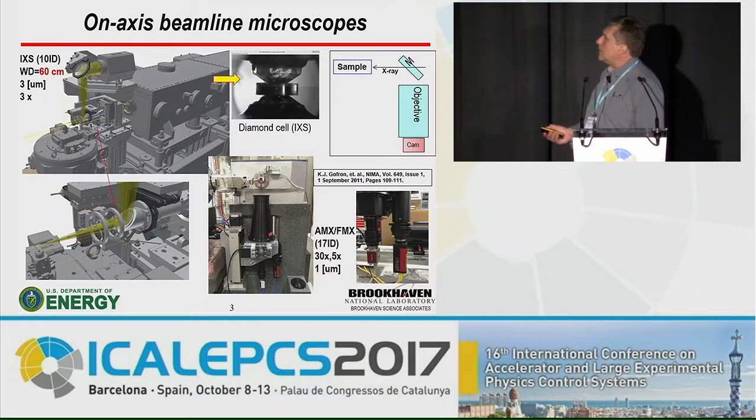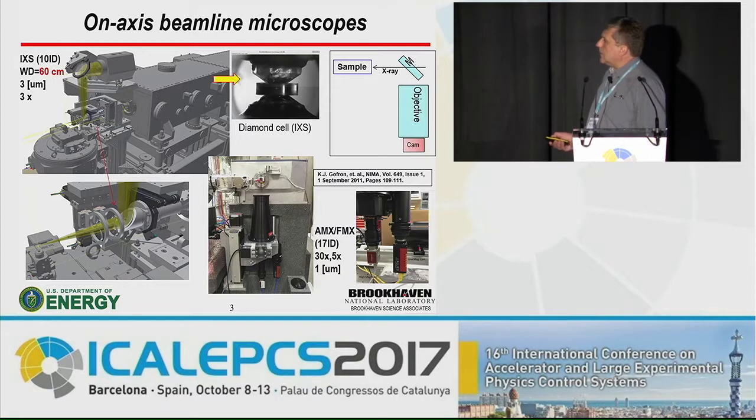One of the implementations is on 10ID, where the X-ray beam passes through the KB mirror set, and then it is guided to the sample located on top of the Huber stack. This microscope has a working distance of 60 centimeters, 600 millimeters, has a 3x magnification and 3 microns resolution.